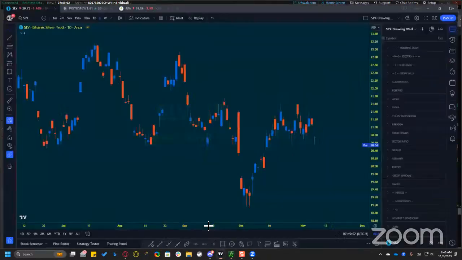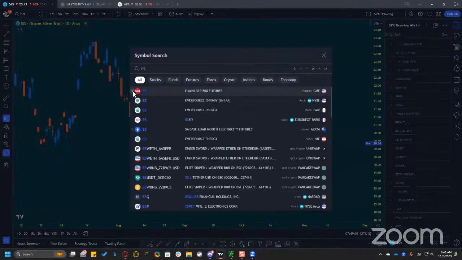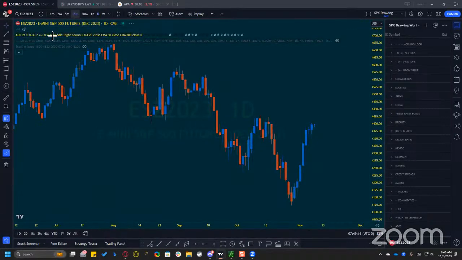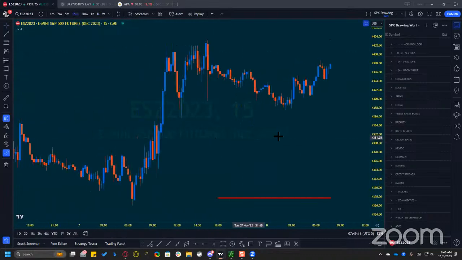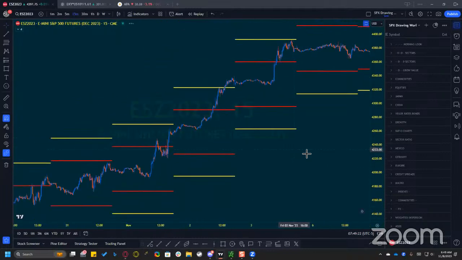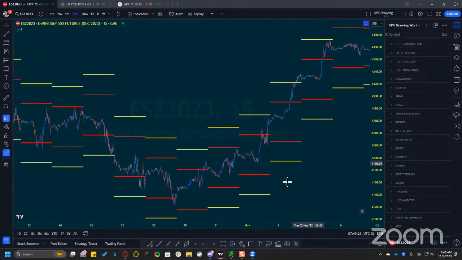When it's one of those really stagnant days where we just aren't doing anything, we can avoid the red lines and stay chopping sideways and never get near them. Otherwise, we're going to expect the market to do what it has been doing consistently over and over and over again. There's those red lines.